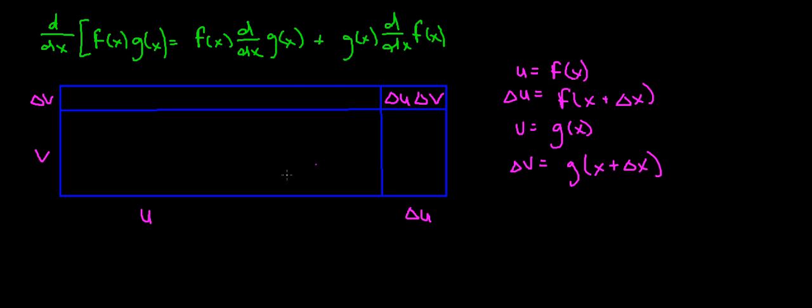And u is f of x, delta u is f of x plus change in x, v is g of x, and delta v is g of x plus change in x. So what I'm looking for is the two derivatives of this multiplied together, the derivative of u and the derivative of v.